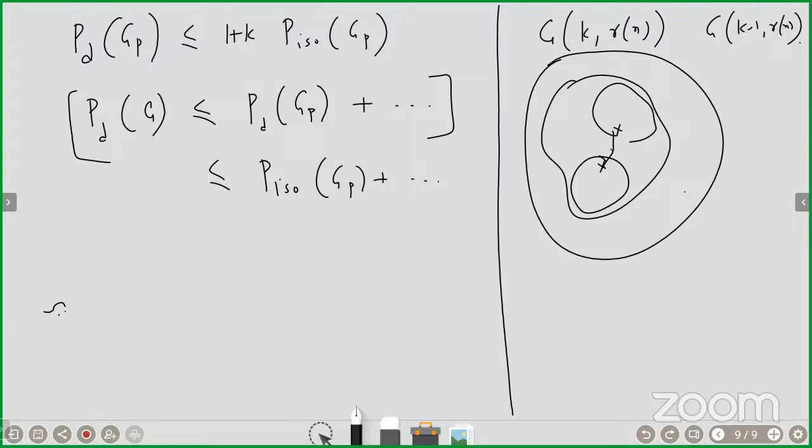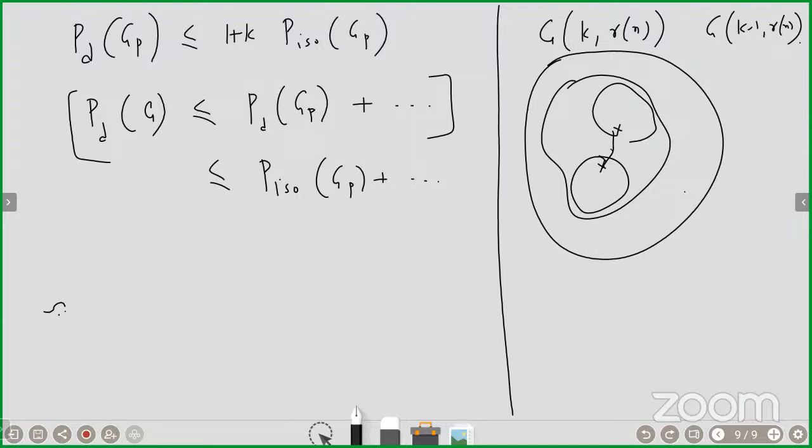That's all there is to it. Now everything is there. There is PD of K nodes, PD of K minus 1 nodes, and the fact that the kth node is isolated. There are only three probabilities.